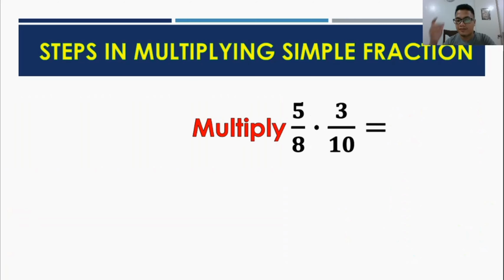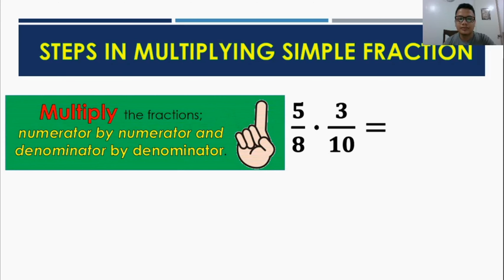So multiply 5 over 8 times 3 over 10. Okay? So first step, multiply numerator by numerator, denominator by the denominator. So how are we going to do that? So simply 5 times 3 over 8 times 10. As simple as that. Then there we have it. 5 times 3 will give us 15. And 8 times 10 will give us 80.